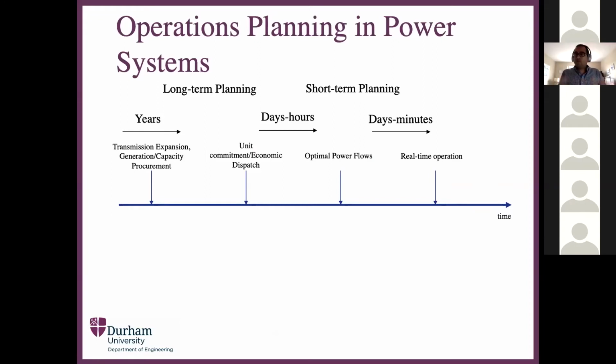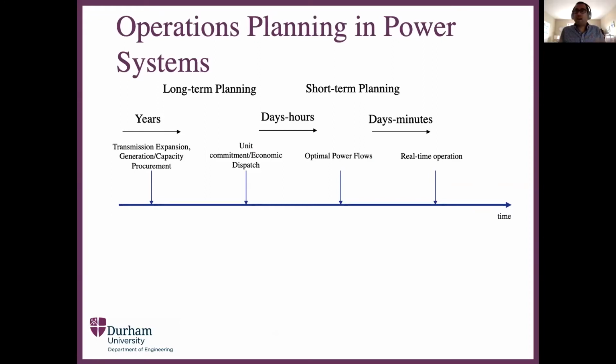And you can have two sort of fairly distinct time frames in which you are after different questions, basically. So in the long-term planning, you are looking at long-term horizon, long-term timeframes, so years in advance, basically.